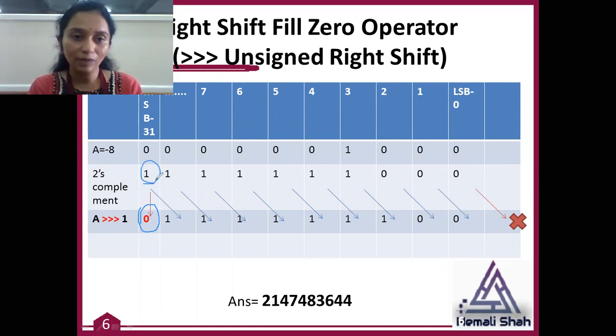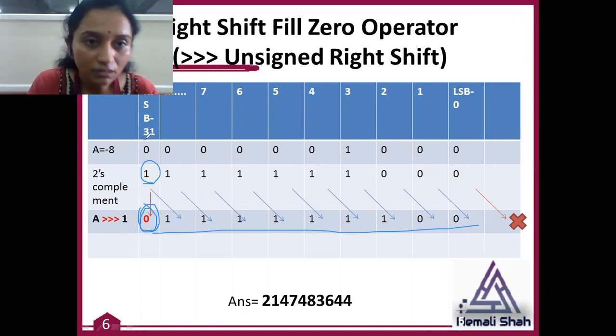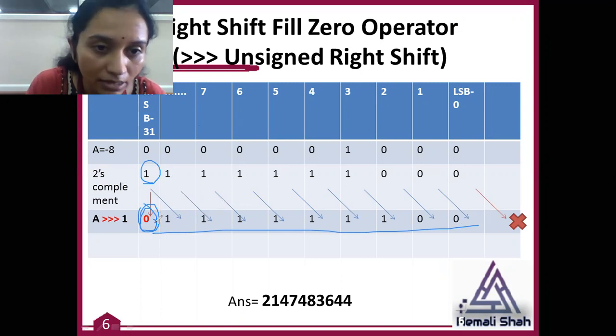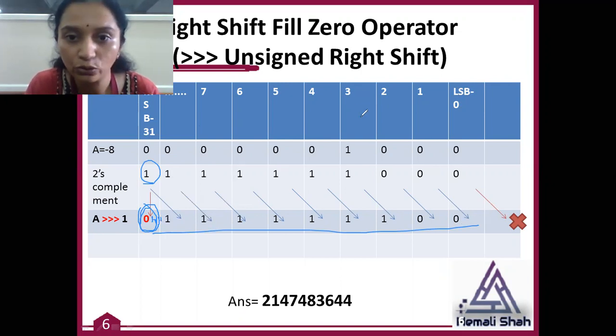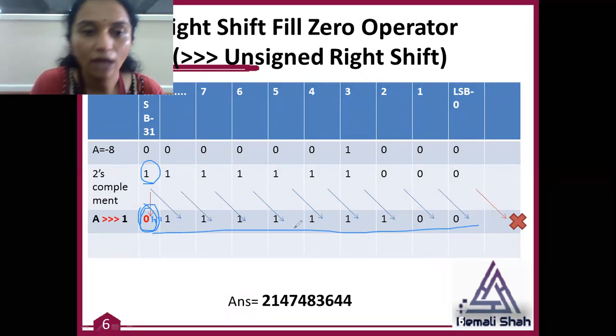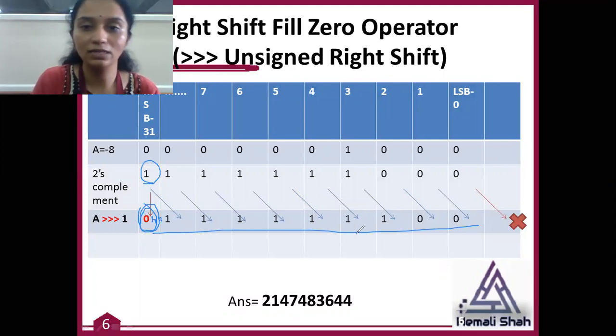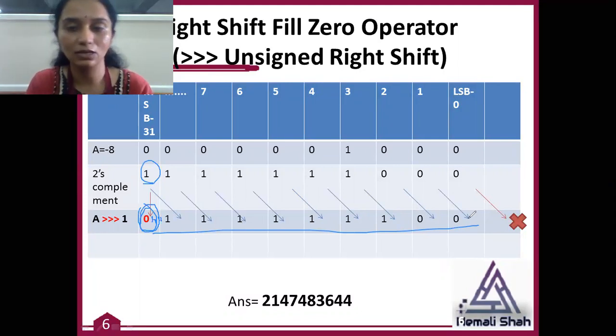We always fill it with 0. So you will get your answer like this. Here, in the 32 bits, the first bit is 0, then all the other bits are 1 up to the second bit, and the last two bits are 0.